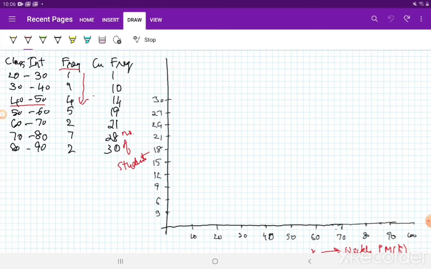Now, when we plot this cumulative frequency, the curve that we get is called the ogive.